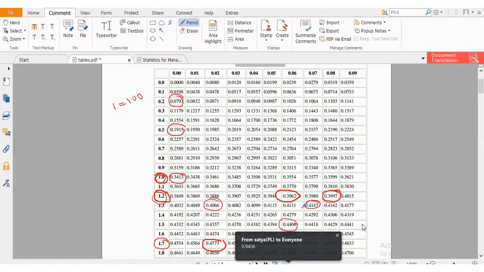These tables are valid if Z follows the normal distribution. These tables are not valid if Z is not following the normal. You cannot use this. You guys are understanding? Okay? Let me solve it.